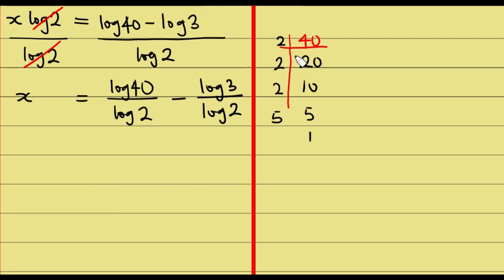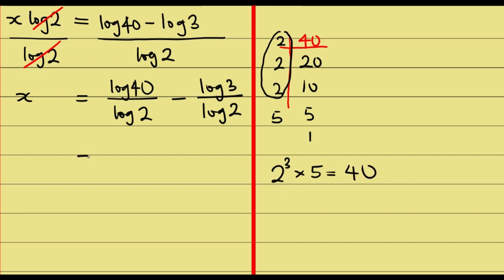Of course, that elementary method is going to help us simplify 40 into its prime numbers and make it easy to simplify the whole thing further. Since we have 2 in 3 places exactly here, that is 2 raised to the power of 3, then multiplied by 5.